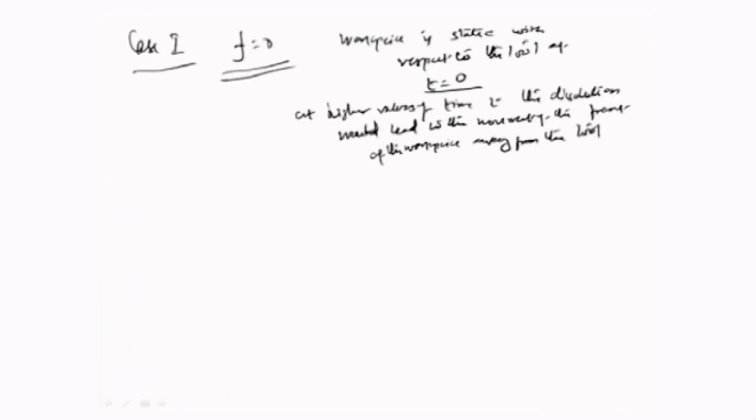So, if we substitute this intended value in the equation, dy by dt equals lambda by y minus f.